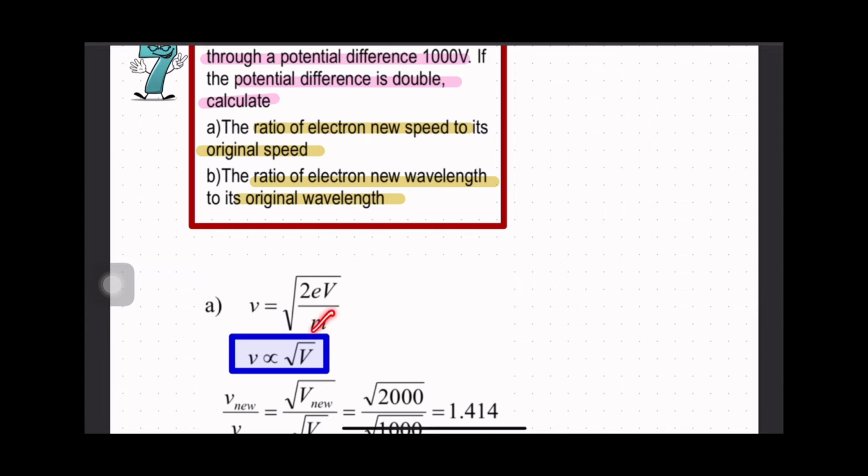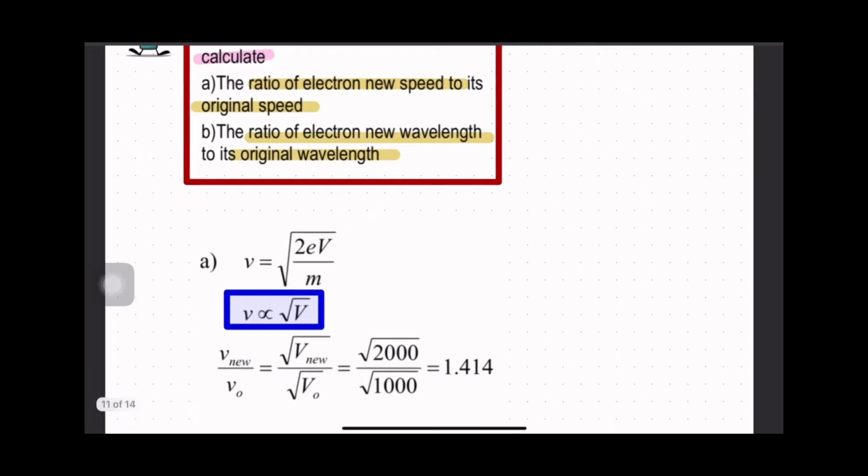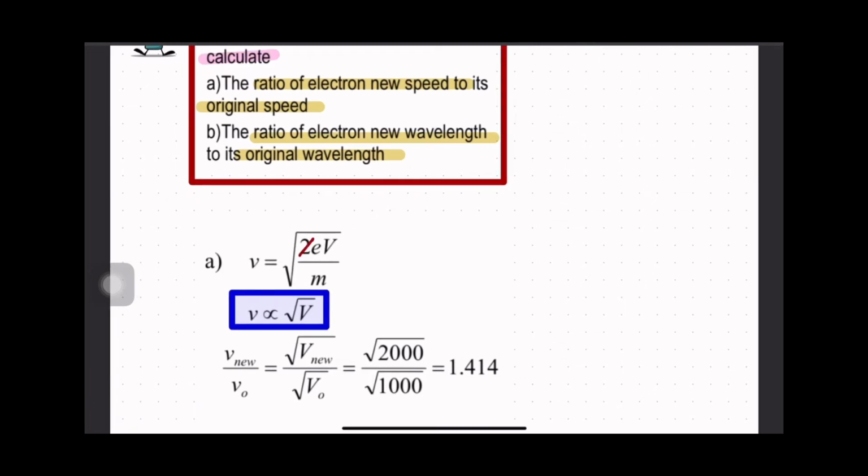Sebab mass sama, kita guna electron, and then 2e pun sama, e pun sama. So kita ada formula speed is equal to square root of 2eV over m. Jadi kita ambil je yang mana ada relation. Okay, lepas tu potong 2e, potong dan m potong sebab dia adalah benda yang sama. Jadi kita dapati v is directly proportional to square root of potential difference.